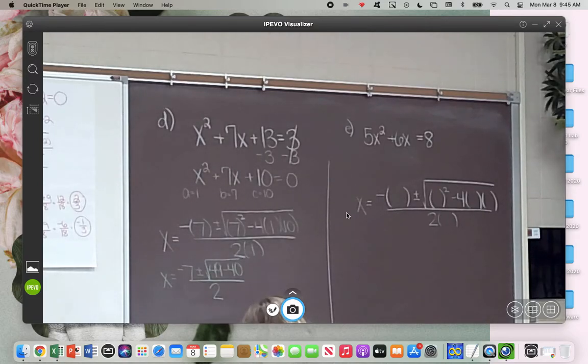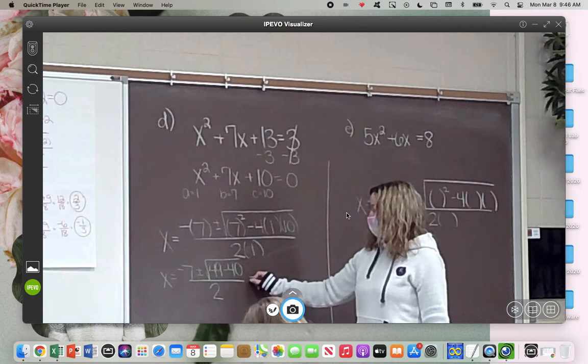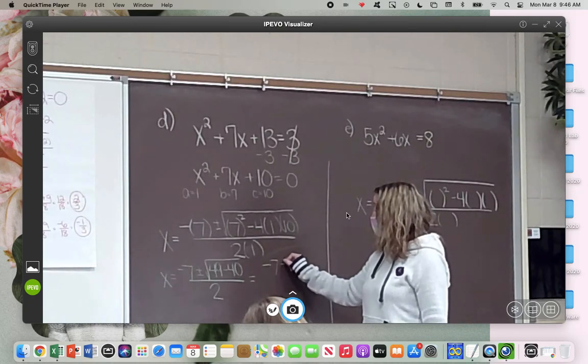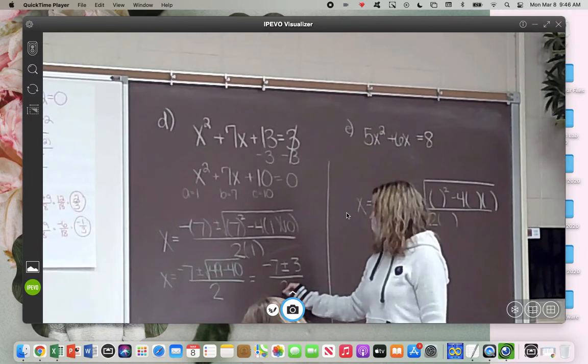So I have negative 7 plus or minus, and then inside my square root, I have 49 minus 40. What is 49 minus 40? That's 9. What's the square root of 9? So we should be looking at negative 7 plus or minus 3 over 2.